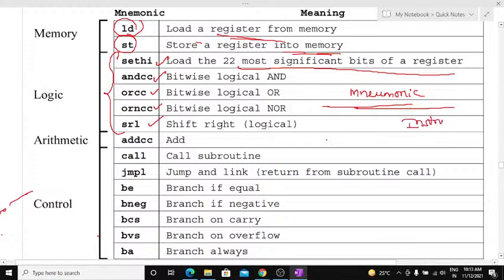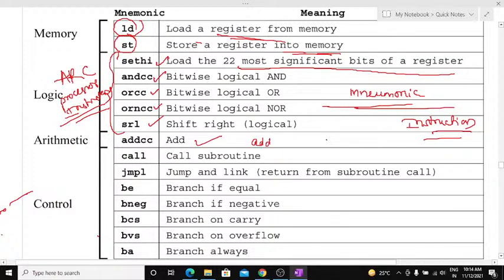As you know, like 8085 instructions, 8086 instructions, similar to that, these are the ARC processor instructions. Then arithmetic: add CC.